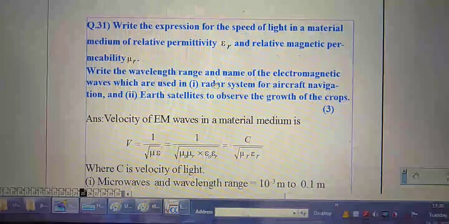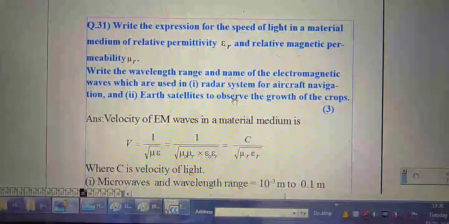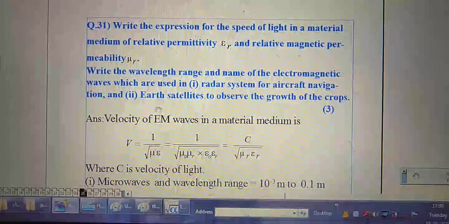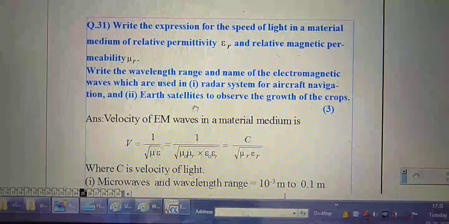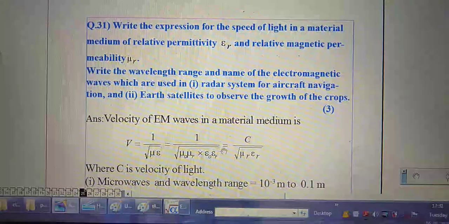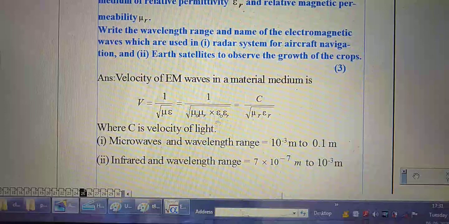Write the wavelength range and name of the electromagnetic waves used in radar systems for aircraft navigation, and number 2, in Earth satellites to observe the growth of crops. So it is a knowledge-based question.